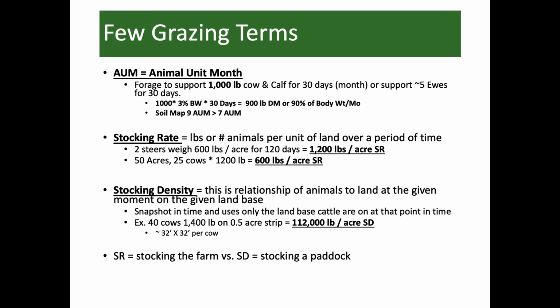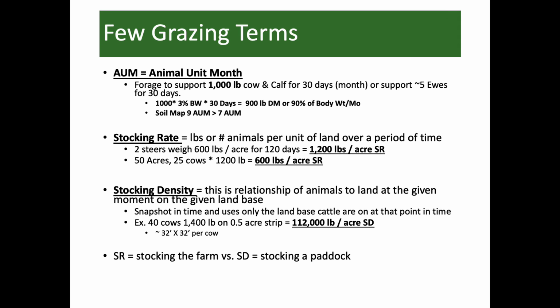Keep in mind, if we set that animal unit at 1,000 pounds for a cow, most of us are going to have cows that weigh over 1,000 pounds. So if I've got a 1,400-pound cow, really she's a 1.4 animal unit, not 1. We need to think about that, especially when we think about how much forage those animals need.